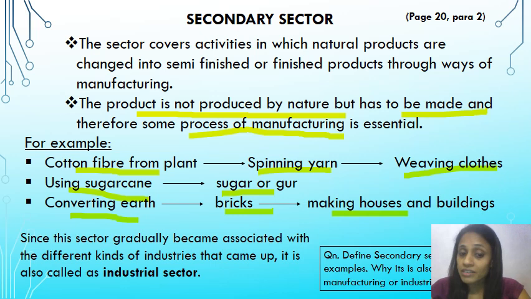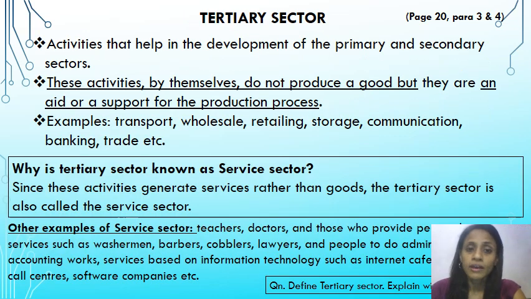But this sector is associated with industries, as the manufacturing is happening there. It is also known as industrial sector. Next is tertiary sector, the sector which helps in the development of primary and secondary sectors. These activities do not produce a good, but they provide support for the production process happening in the primary and secondary sector.